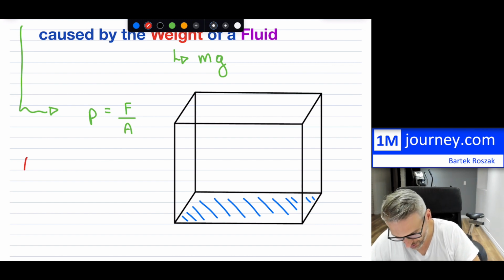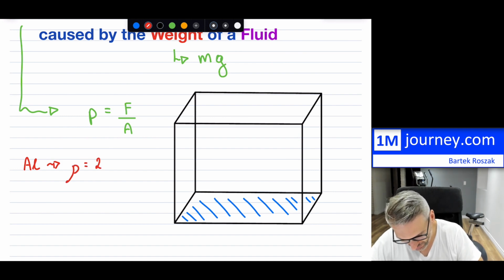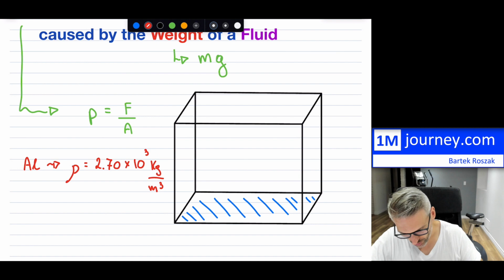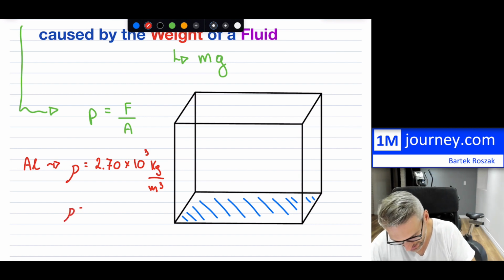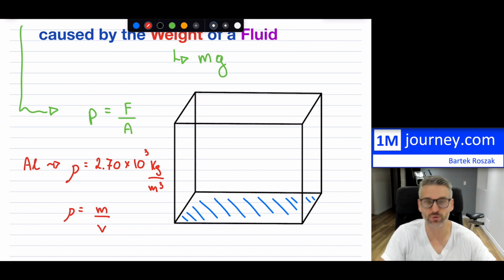Let's say we're talking about aluminum, and we know that aluminum's density, rho, is equal to 2.70, at least the average, and this would be in kilograms per meters cubed. Please recall that density is simply mass over volume.